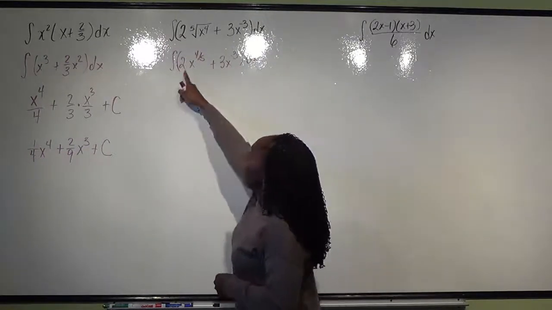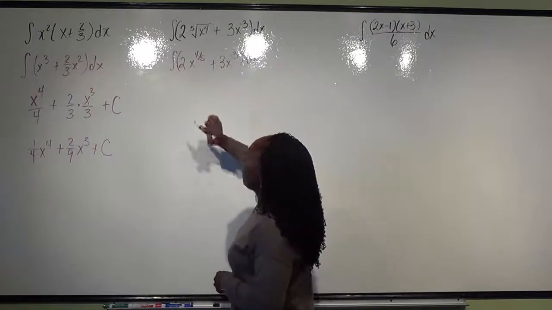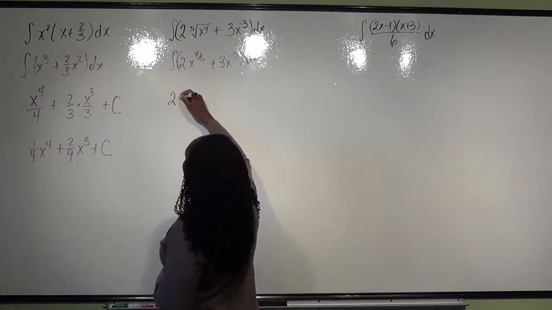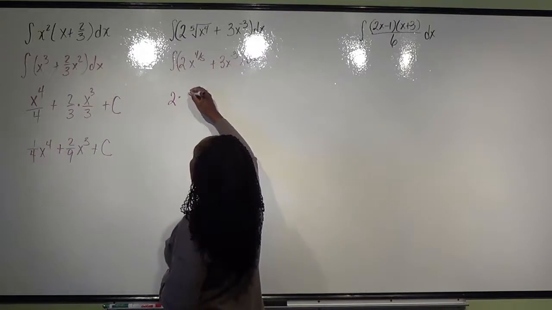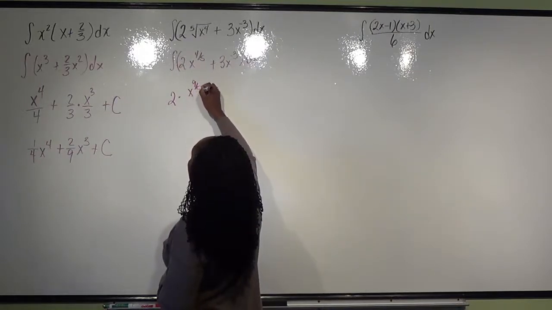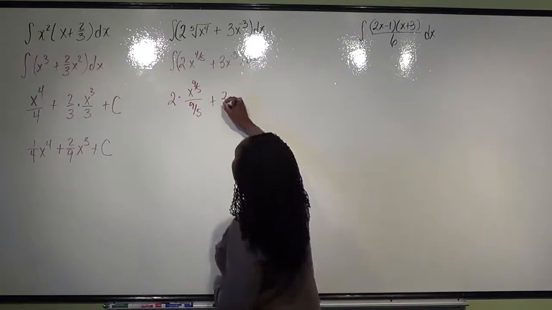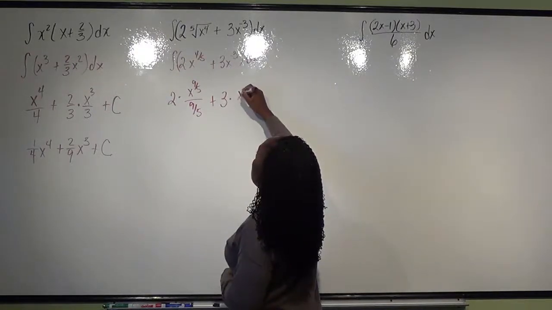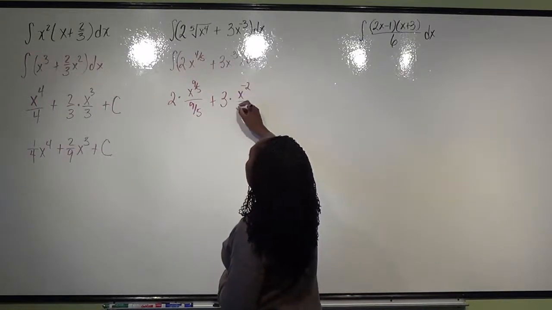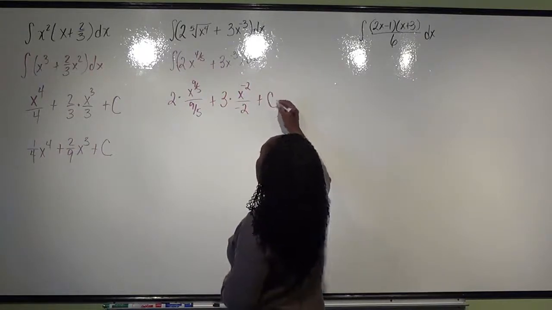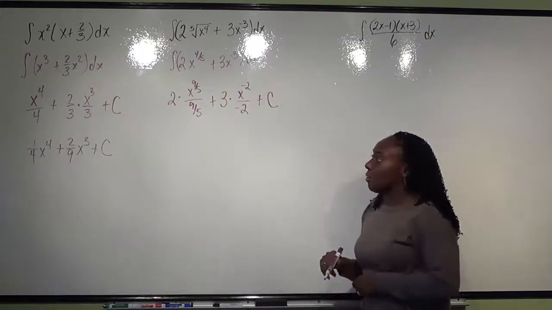And so again, I've got some coefficients and powers. Taking my antiderivative, I'm going to add 1 to the exponent, divide by that new exponent. Same thing over here. Add 1 to the exponent, divide by the new exponent. And again, don't forget the constant of integration.